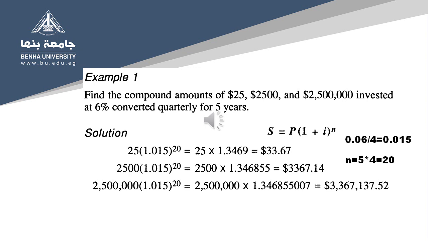You must notice that very closely. Because it is converted quarterly, 6% must be divided by 4.